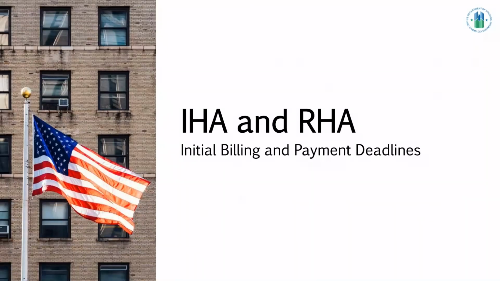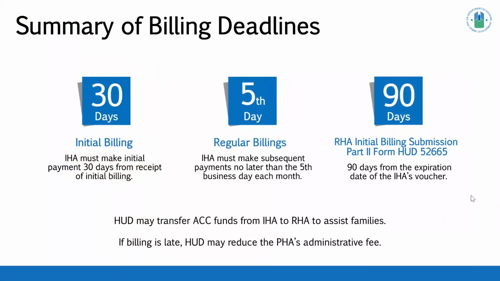Let's summarize some of the billing deadlines. So 30 days from receipt of the initial billing, the initial housing authority must make the initial payment.